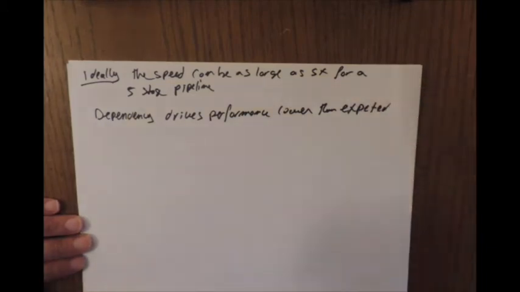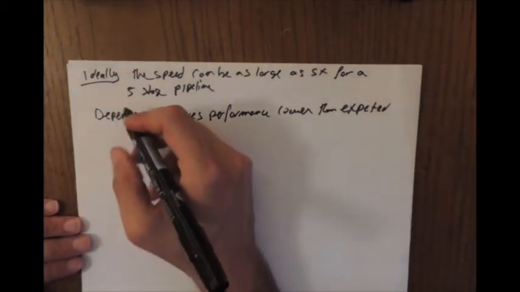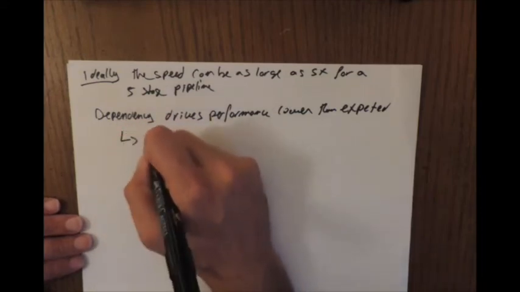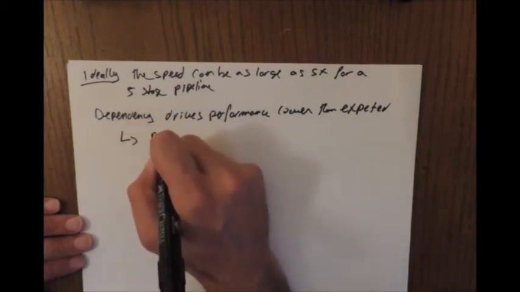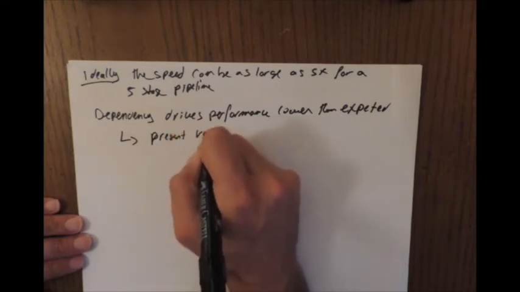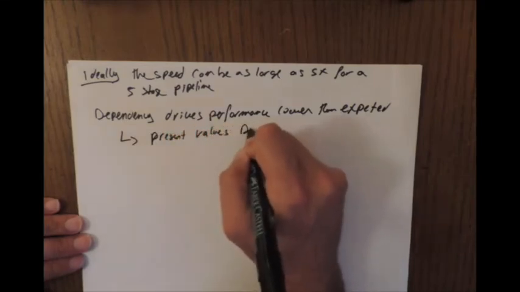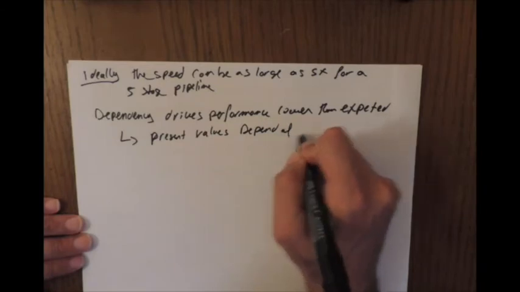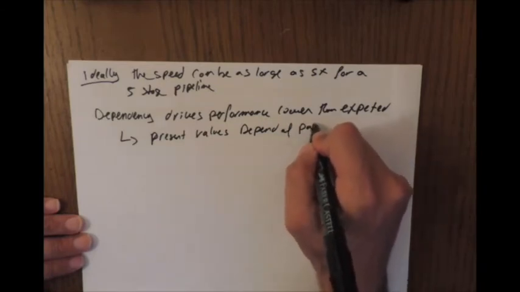Let's talk about what we mean by dependency. By dependency, we mean present values depend on past values.